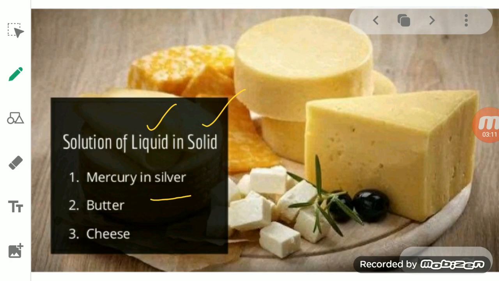So basically mercury in silver. Mercury is at room temperature in a liquid state, and when we mix this mercury in the silver, which is in a solid state, then that kind of solution is a liquid in a solid. Butter or cheese, these are all examples in which a liquid substance is added to a solid substance.